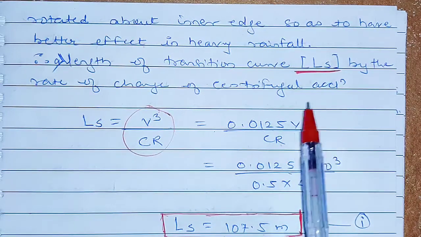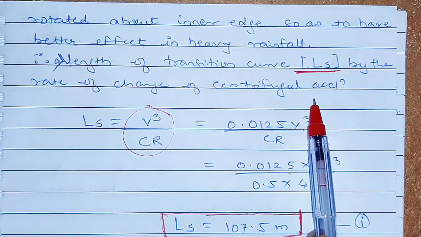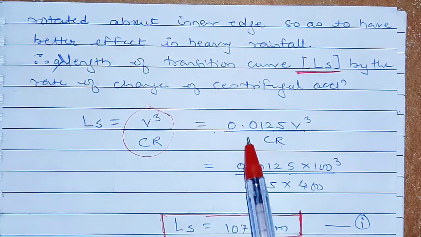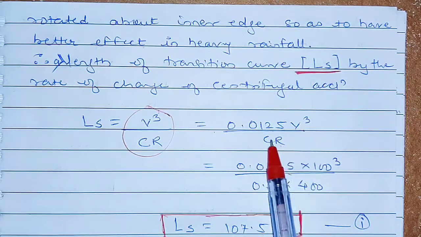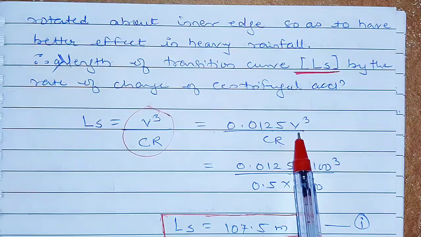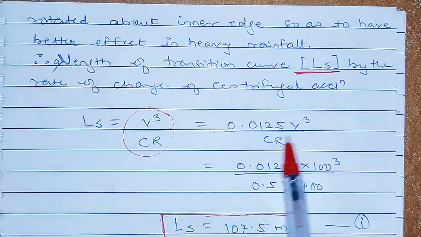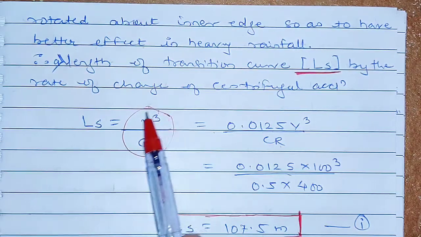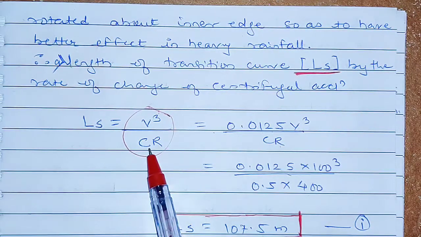The formula to calculate the length of the transition curve is LS equals 0.0125 V cube upon C into R, when the velocity is given in kilometers per hour. We also have a second formula, that is V cube upon CR, but it should be noted that this particular formula has to be used only when the velocity is given in meters per second.